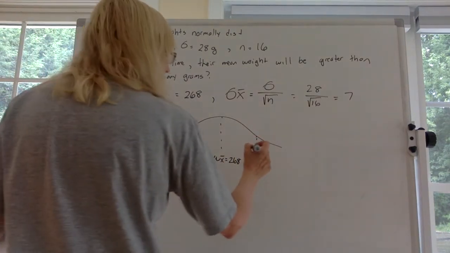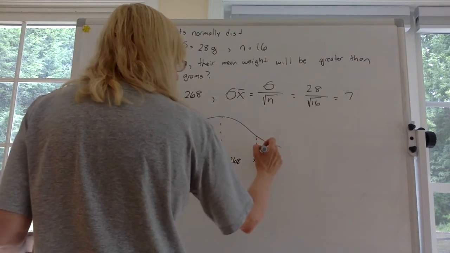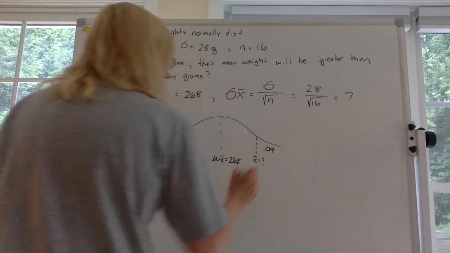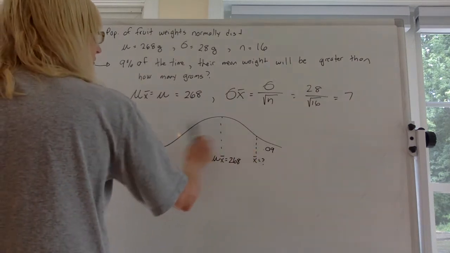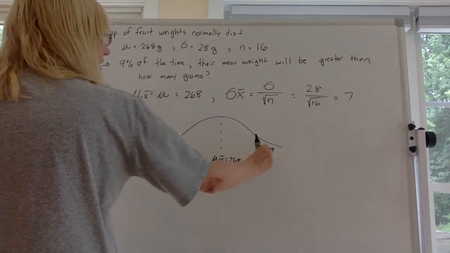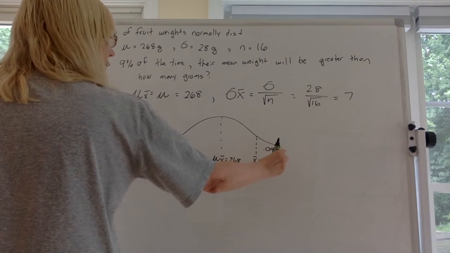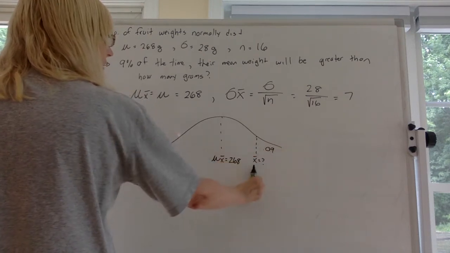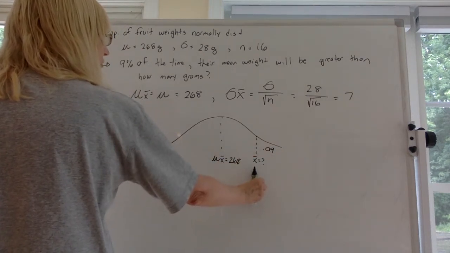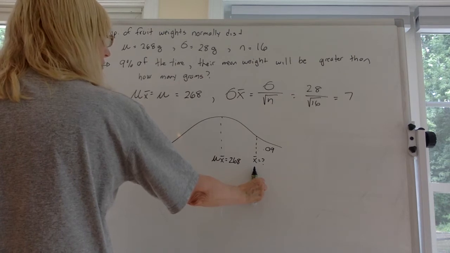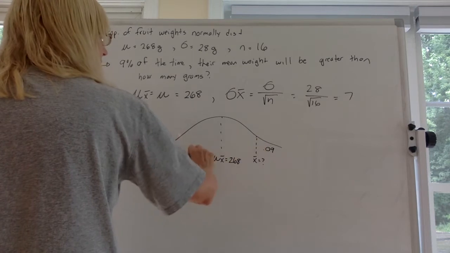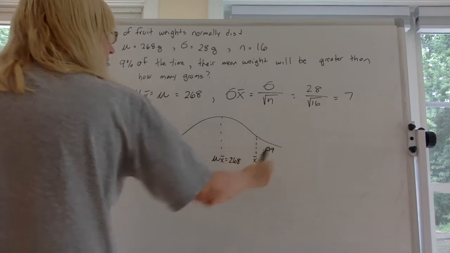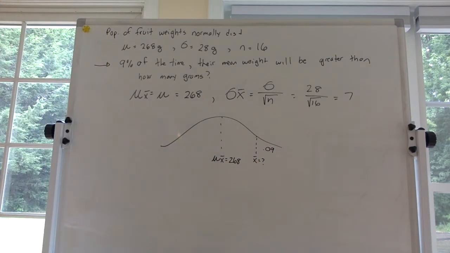So basically what they're saying is this over here is 9% area. So 91% would be less than this weight, and 9% would be greater than this weight. Think about it, if you took a sample of 16 over and over again, what value will 91% be less than and 9% be greater than? That's basically how you can think of it.